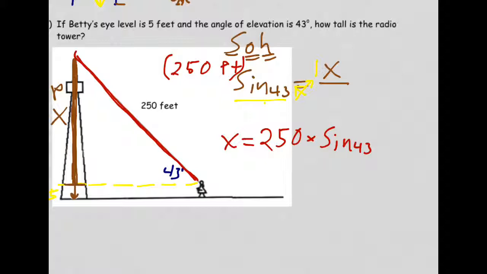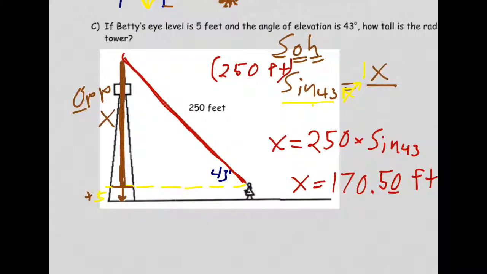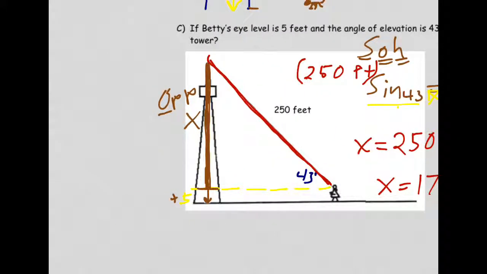You should have gotten x equals 170.499, so we're going to round that to 170.50 feet. Now we're not exactly done with this, because we know that x equals 170.50 feet, and remember that this is our x.